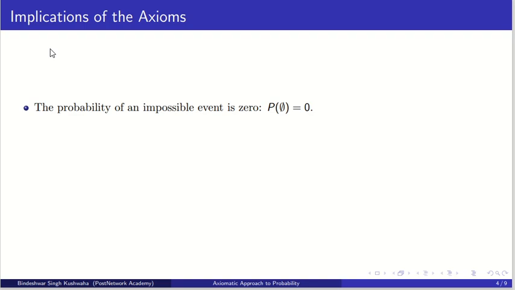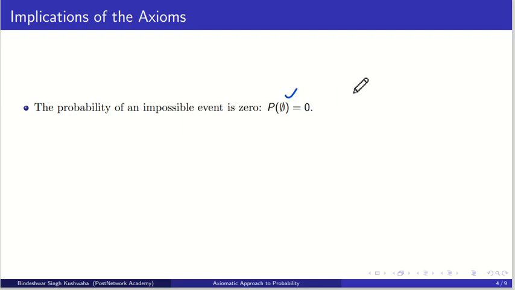Now, some implications of the rules I have explained, that means some principles are derived from these rules. The probability of an impossible event is 0.